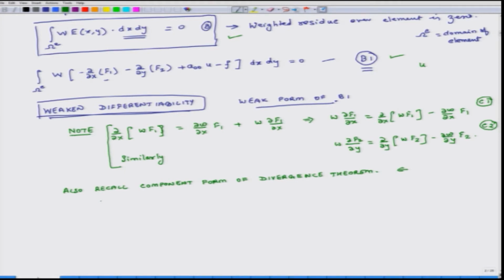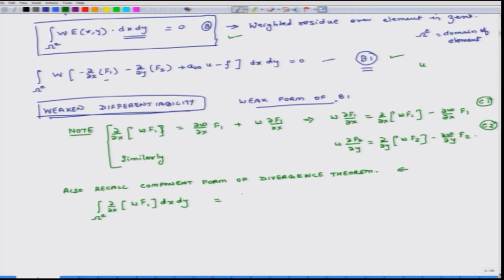So, the component form of that divergence theorem says that if I have an integral of the partial derivative of, let us say, any function w times f1, then this left hand side is an integral over the domain of the element.